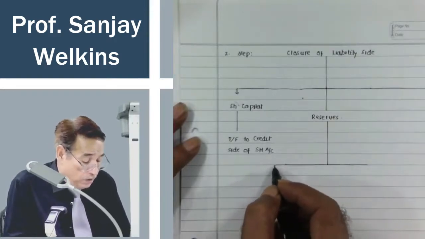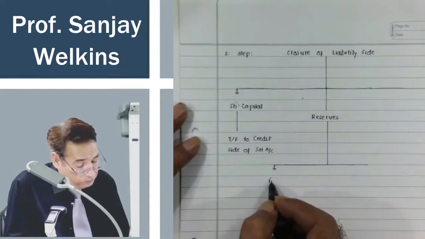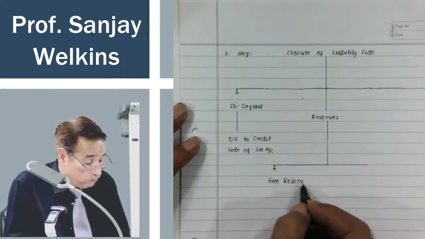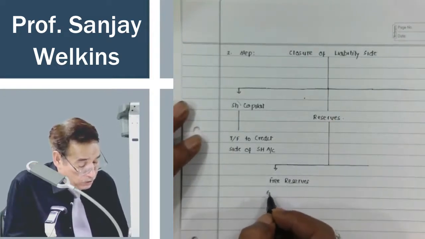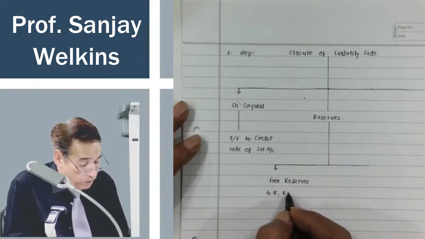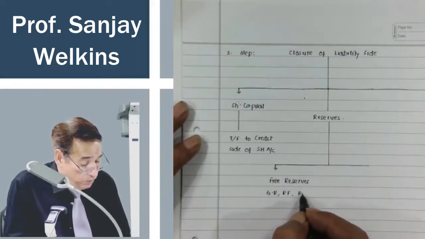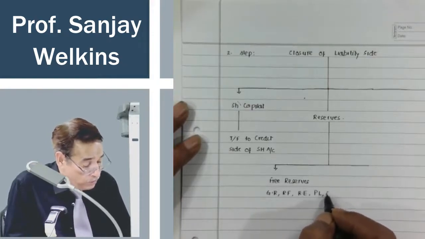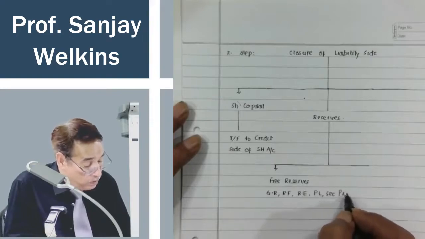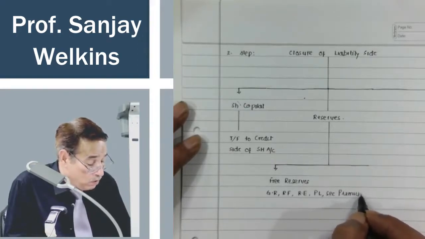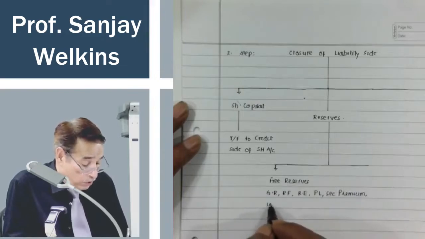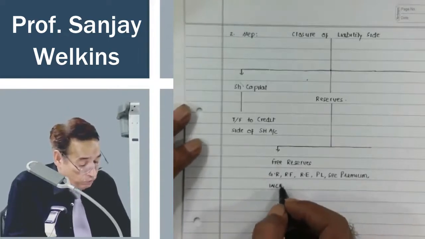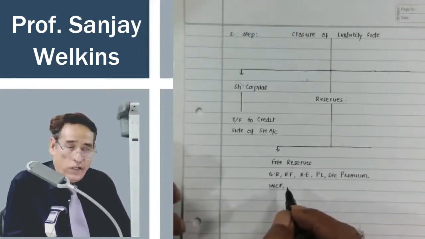There may be some reserves like free reserves, such as general reserve, reserve fund, or sometime it is given as retained earnings, profit and loss, one and the same thing, security premium, workmen compensation fund, WCF. But you have to exercise caution with respect to funds. Funds are free reserve, no doubt about that.